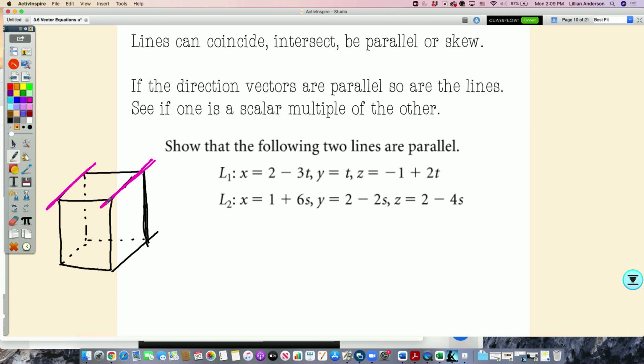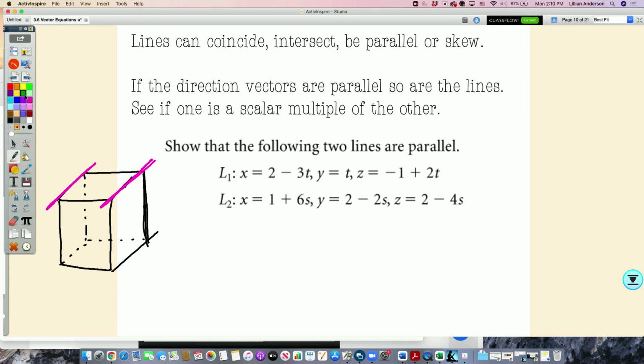What does skew mean? This is way back in geometry, like the first unit. No one knows what skew means? Essentially, they're on different planes.